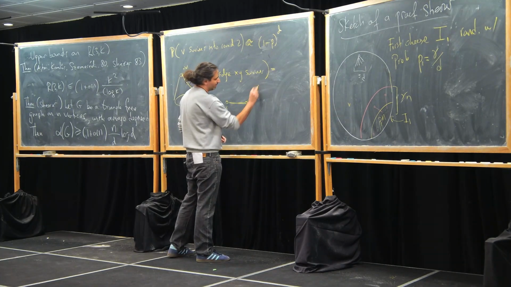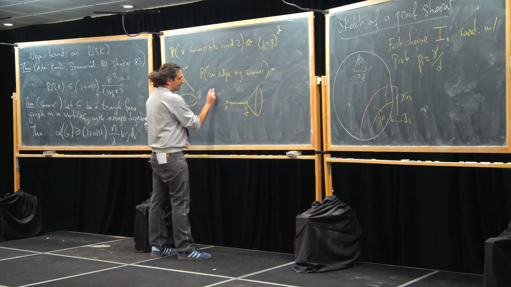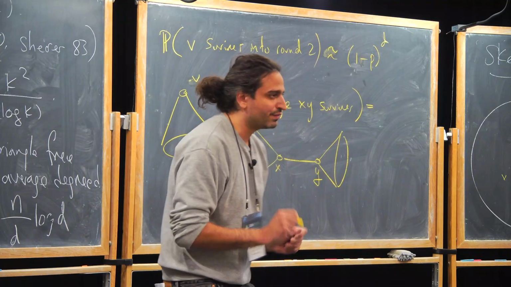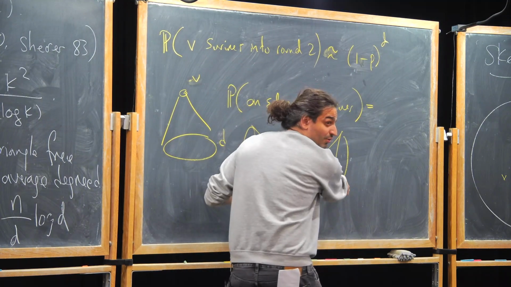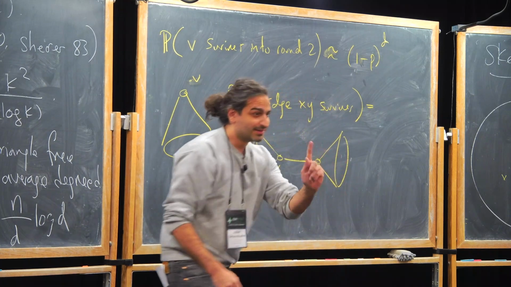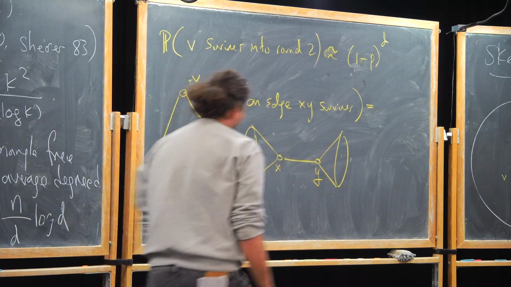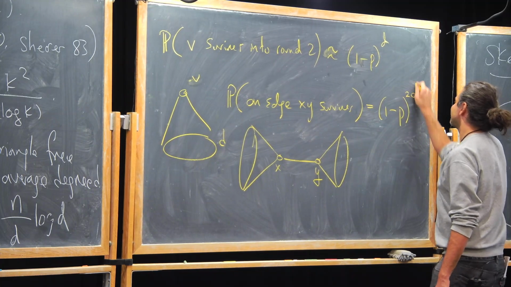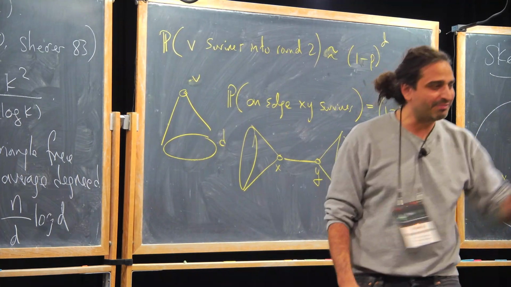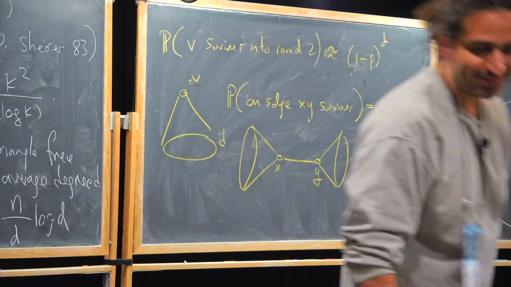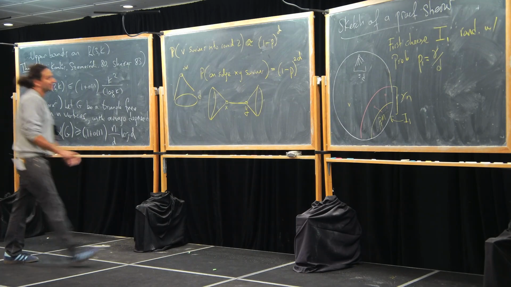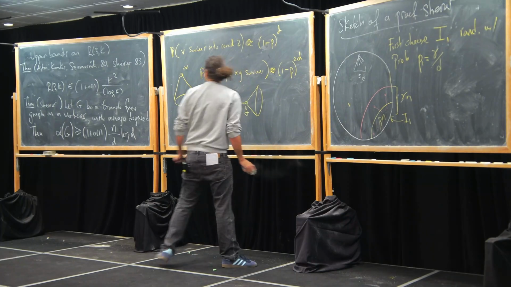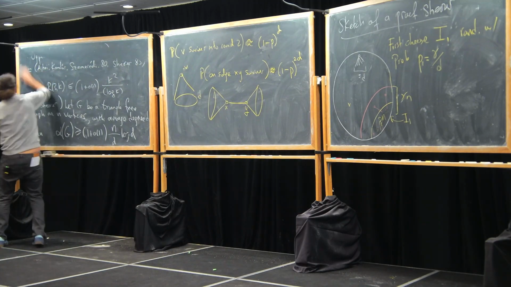So I have to look at the neighbors of this and the neighbors of this. And because it's triangle free, these 2 sets are disjoint. So the probability here is 2d. OK, minus 1 because of the edge in between, but whatever. OK, it's basically 2d. Maybe I'll go back to my convention. That will save me from the lawyers. OK.